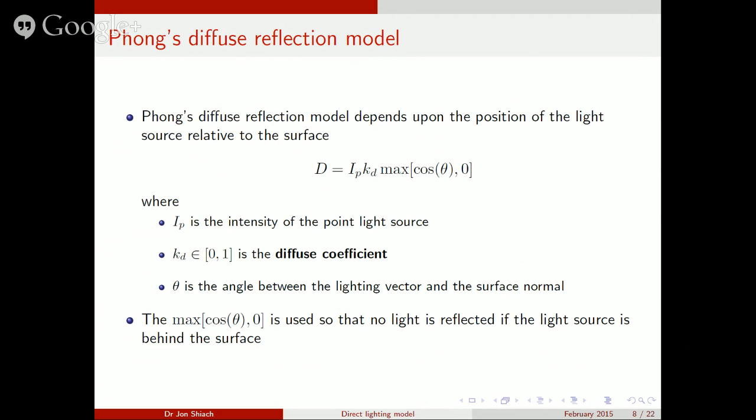So this is our diffuse model. It's slightly more complicated than the ambient model. I've used D for diffuse. IP is the intensity of the point light source. If you look at one of these bulbs in the roof, that will have an intensity. That's what IP is.